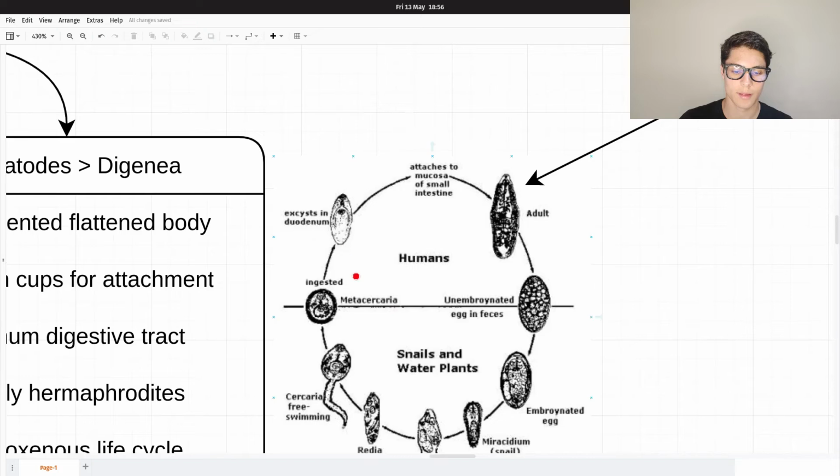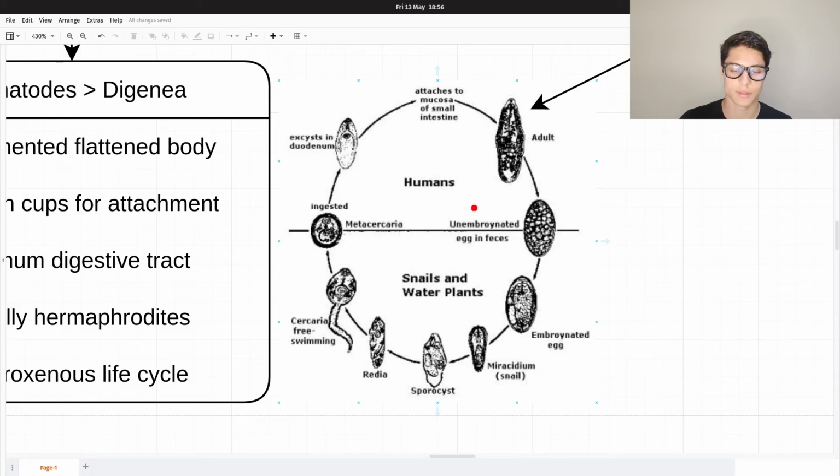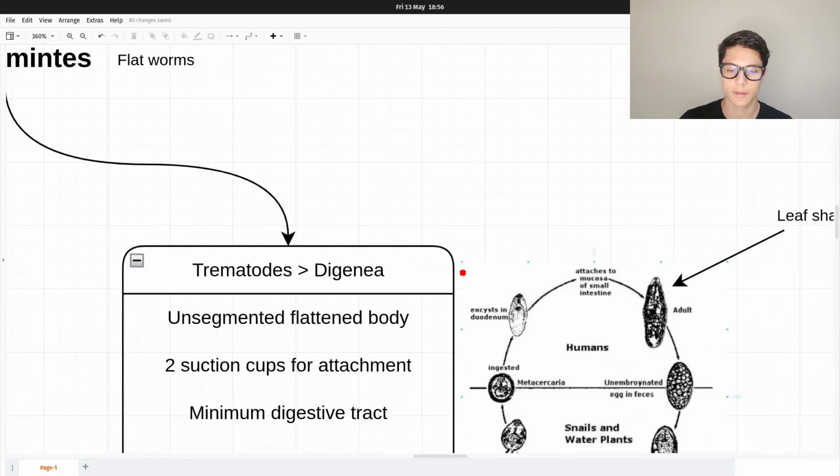And then inside the humans, for example here, it excysts in the duodenum, and attaches to the mucosa of the small intestine, and they become adults. So this is the cycle, and it is the same for every trematode Digenea.